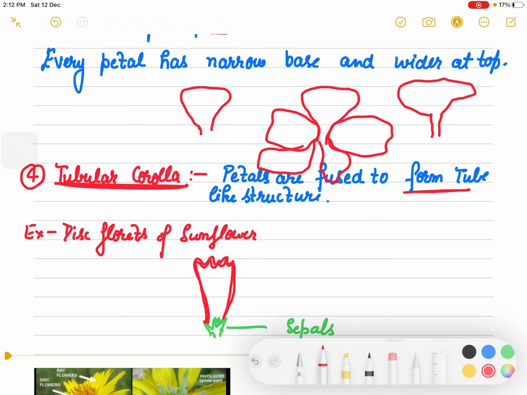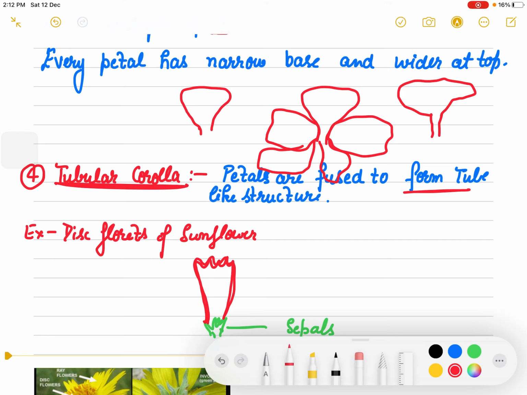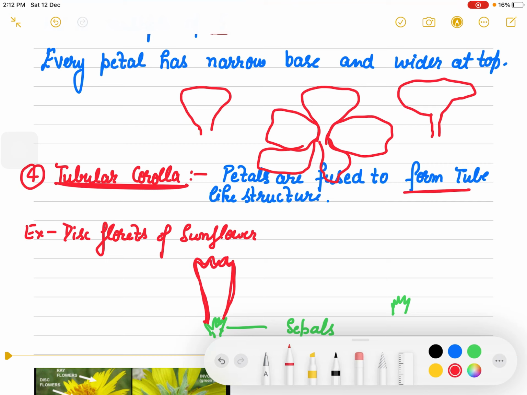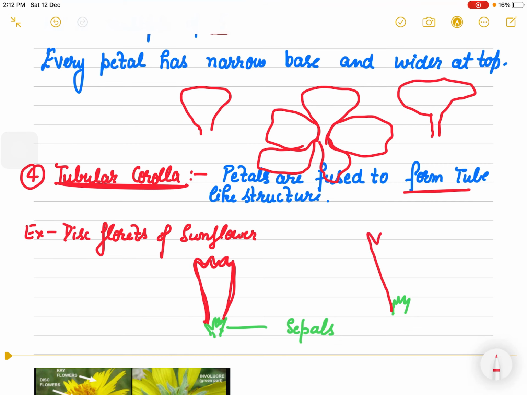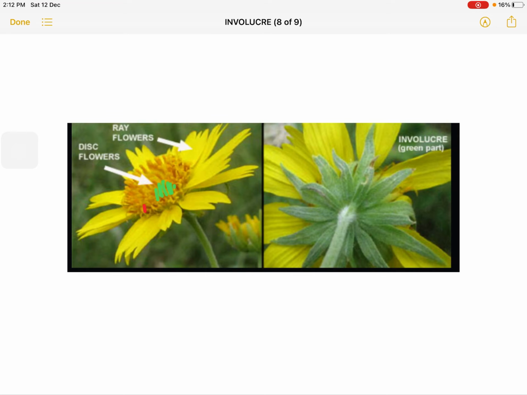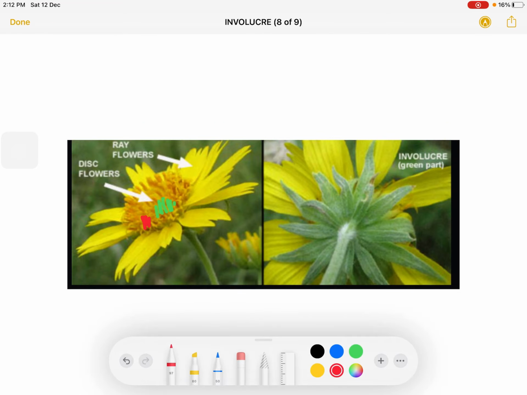Tubular corolla. Suppose this is the sepals. The petals are fused and form a tube-like structure, and this is observed in the disc florets. These florets are arranged, fused, like this.